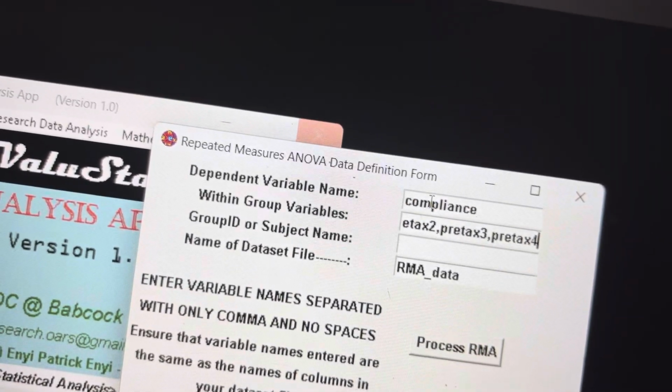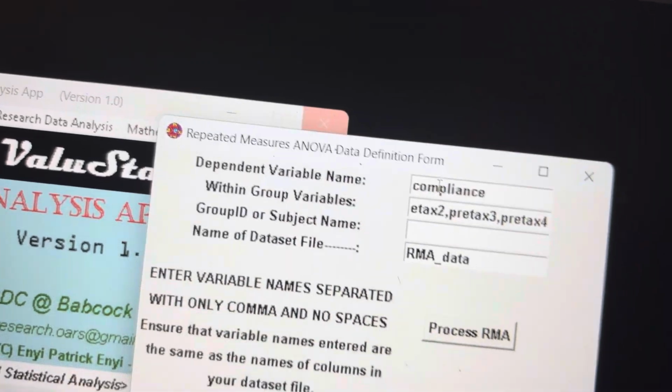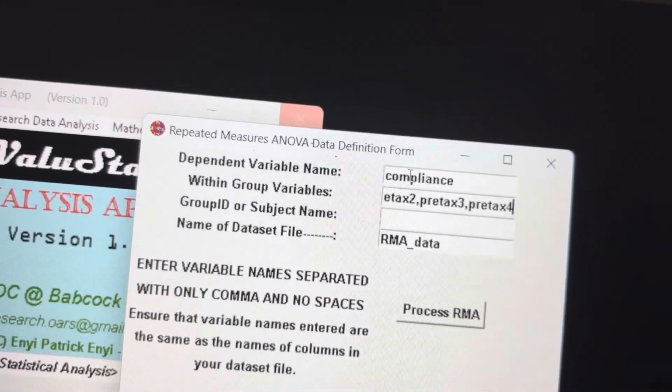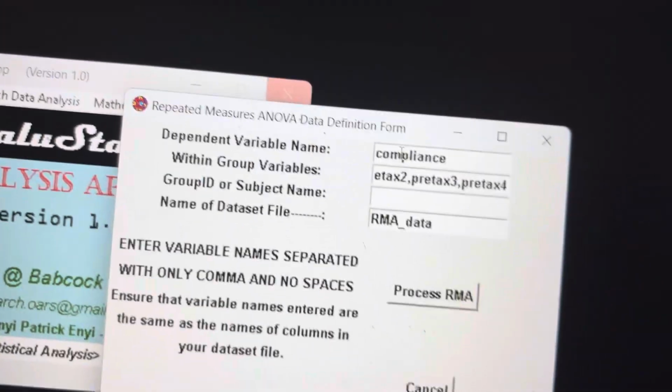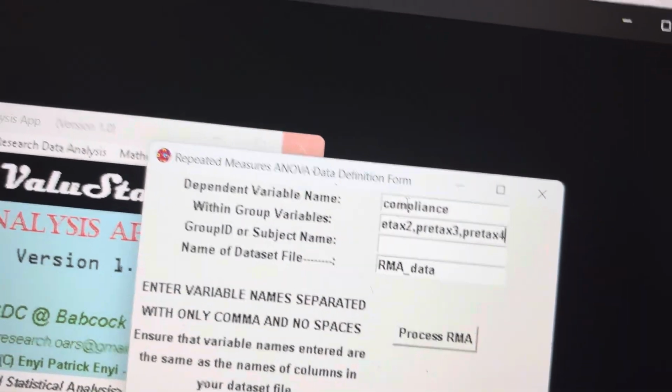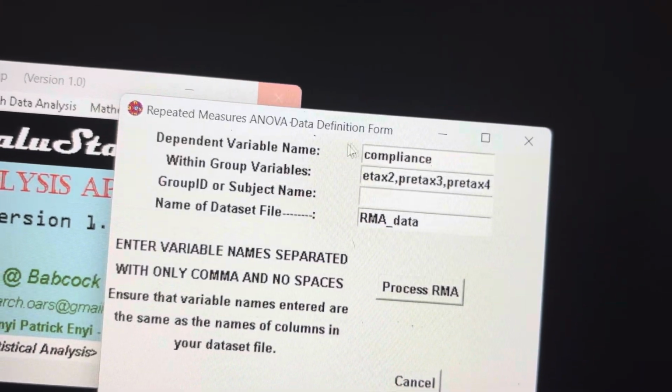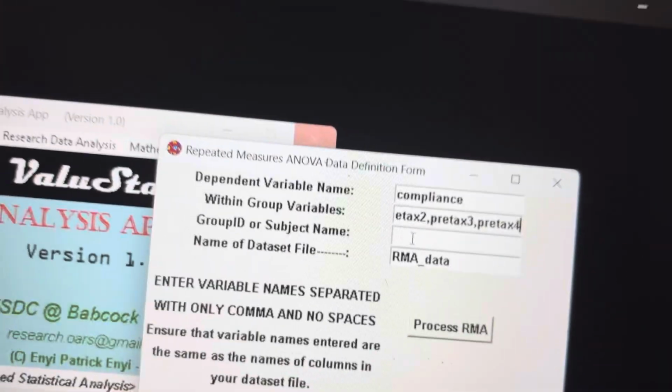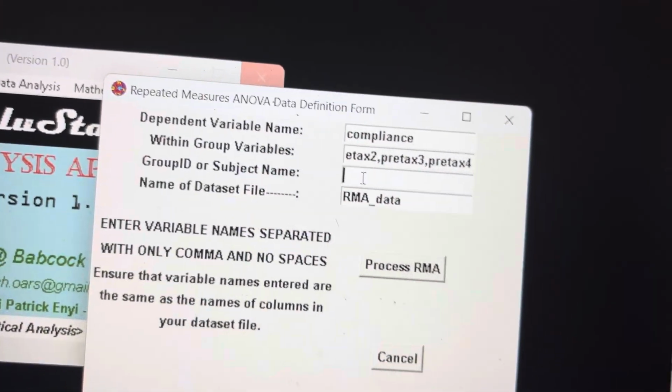Now let us see how these pre-tax campaigns affected the compliance by each of the groups involved. The next thing we are going to define is the task group.